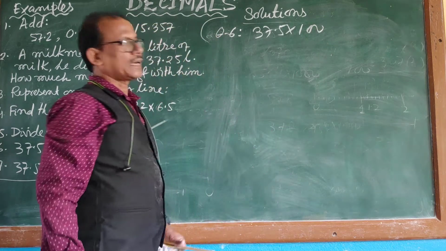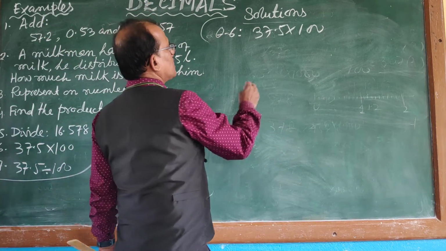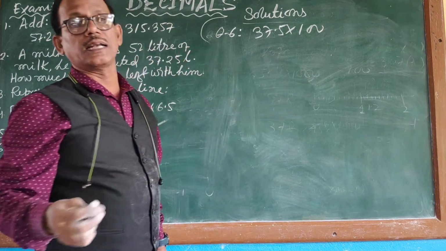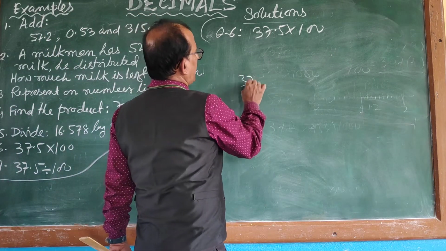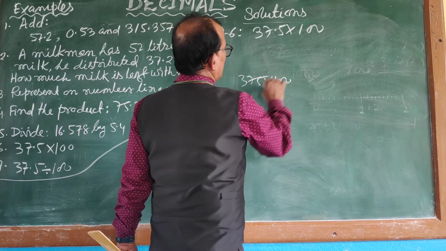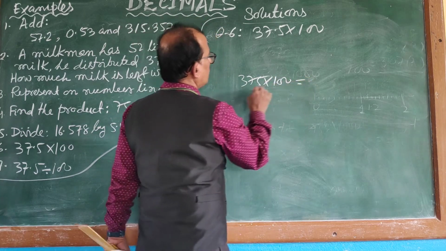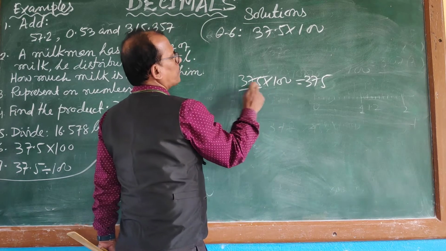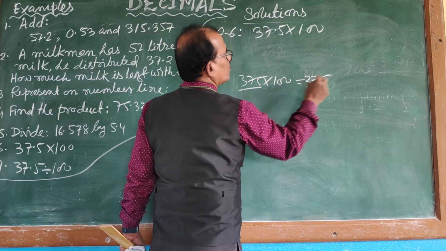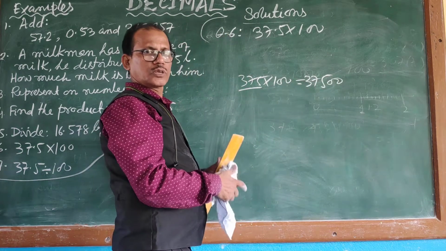What will you do? That time you don't do the multiplication. See, when you are multiplying with 100 and all, we add 0, no? So what is 375 multiplied by 100? We don't do multiplication, but we write down that number leaving the power of 10 and add 0 beside, right hand side.